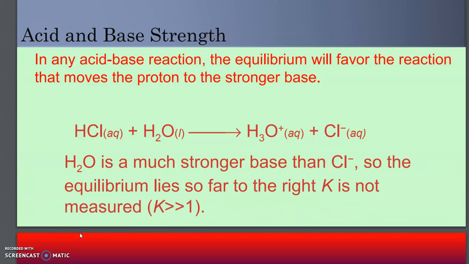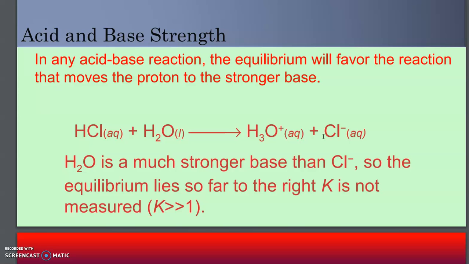Then acid and base strength. In any acid-base reaction, the equilibrium will favor the reaction that moves the proton to the stronger base. For example, take HCl and H2O. If HCl is dissolved in water, it will dissociate into H3O+ and Cl-. H2O is a much stronger base compared to Cl-. Here this is acid, this is base.